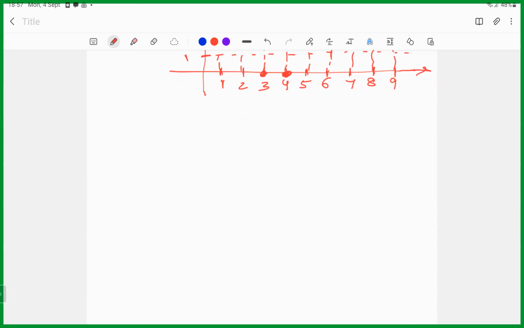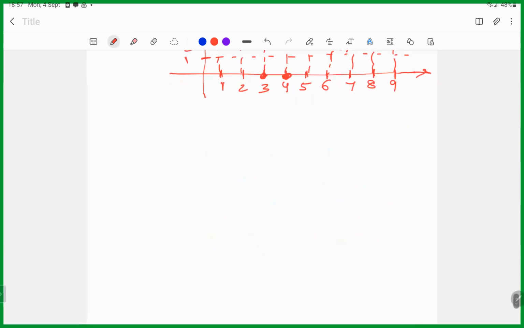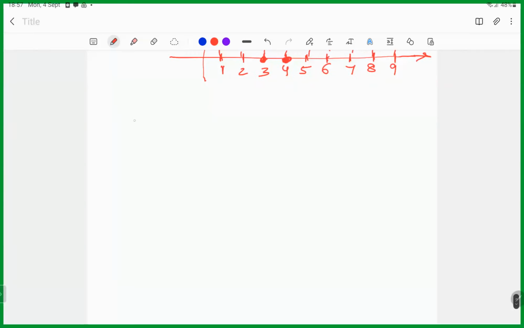Also, we have completed the chapter linear equation in two variables, right? What is the general form of the linear equation in two variables? Linear equation, not a quadratic. Ax plus by plus c equal to 0, where a, b are not simultaneously 0.